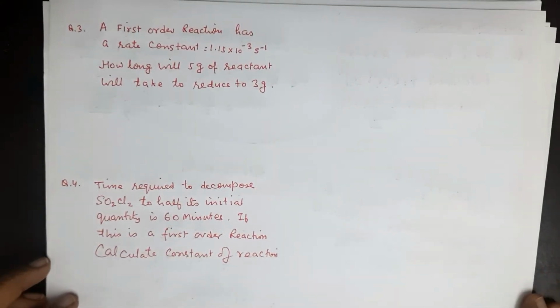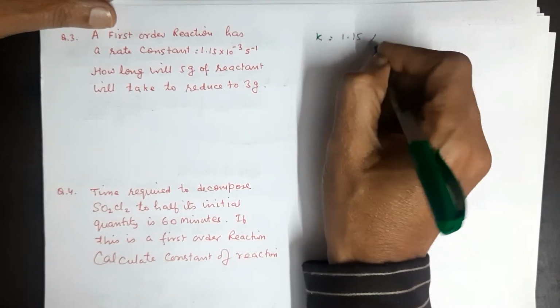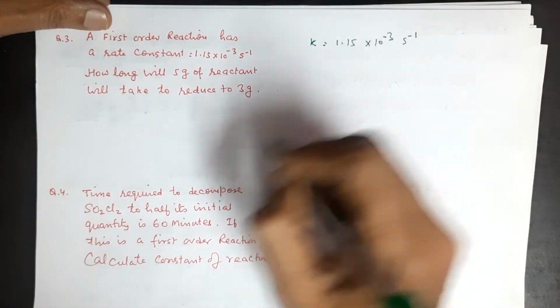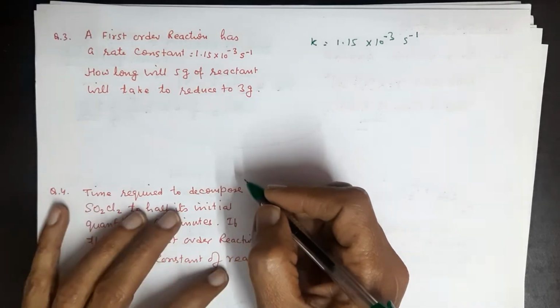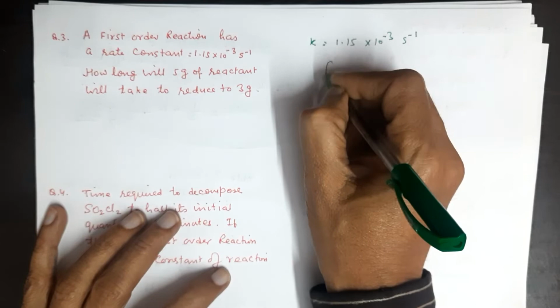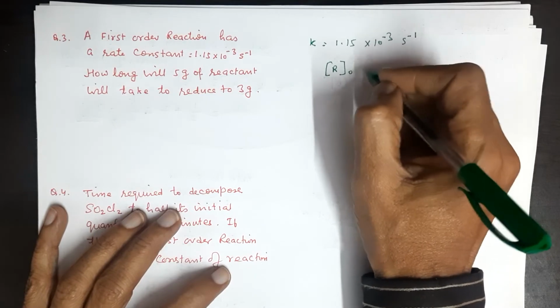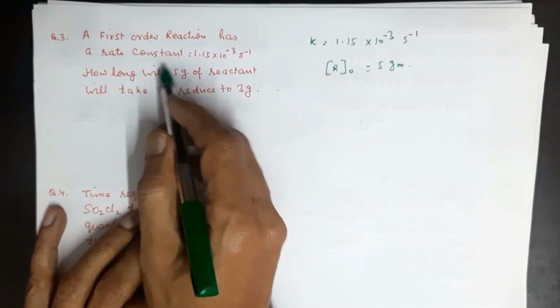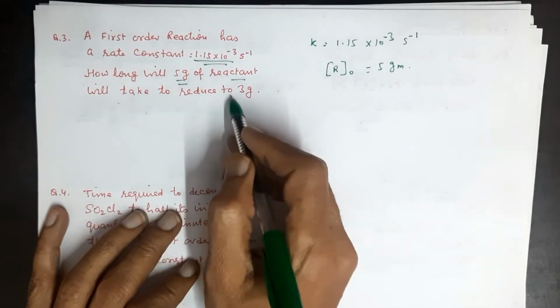And the third question is, a first order reaction has a rate constant K equal to 1.15 into 10 raised to the power minus 3 per second. Initial concentration of reactant is 5 gram. How long will 5 gram of reactant take to reduce to 3 gram?